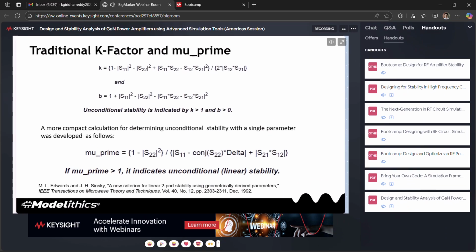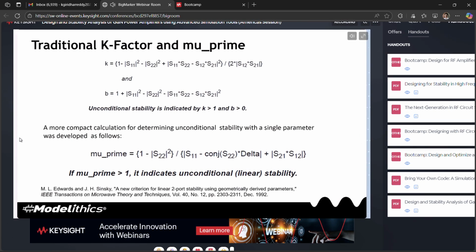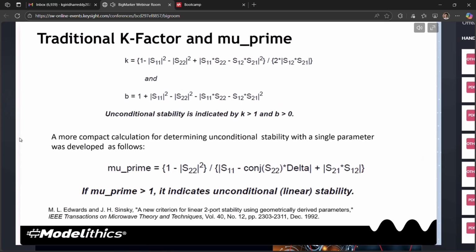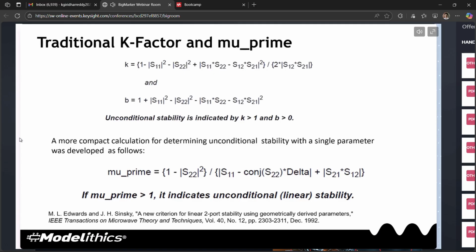Now, what unconditional stability means is that there should not be an impedance that you can put on the input port, with your input matching network or your output matching network, that would cause the opposite port to exhibit a negative resistance.